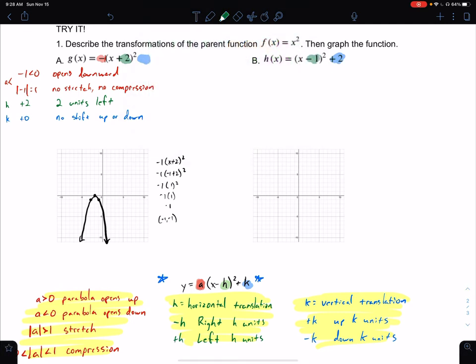We have minus 1 as our h value. And then the a value out here, right? There's no a value, it's just a 1. So that actually helps us. So since a is positive, it's a 1, this is going to open upward. There's no stretch, no compression, because again, it is just 1.